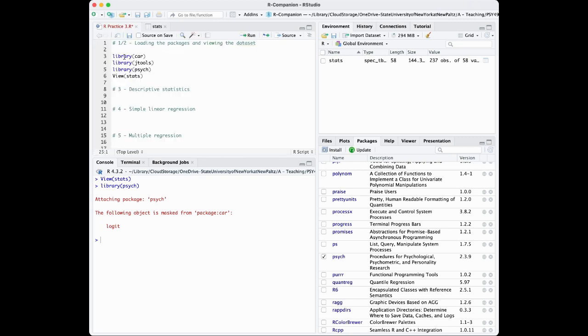So I've already loaded the packages that we will need to do this. And one of the first things that we're asked to do is to use the describe by function to get a series of descriptive statistics for our y variable broken down by our dichotomous x regressor.